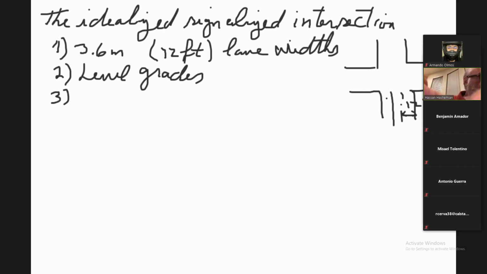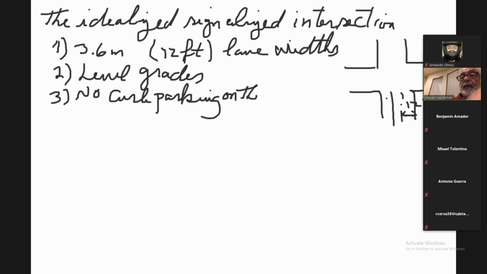You should have no curb parking on the intersection approach. So there should not be any parking here. No parking.